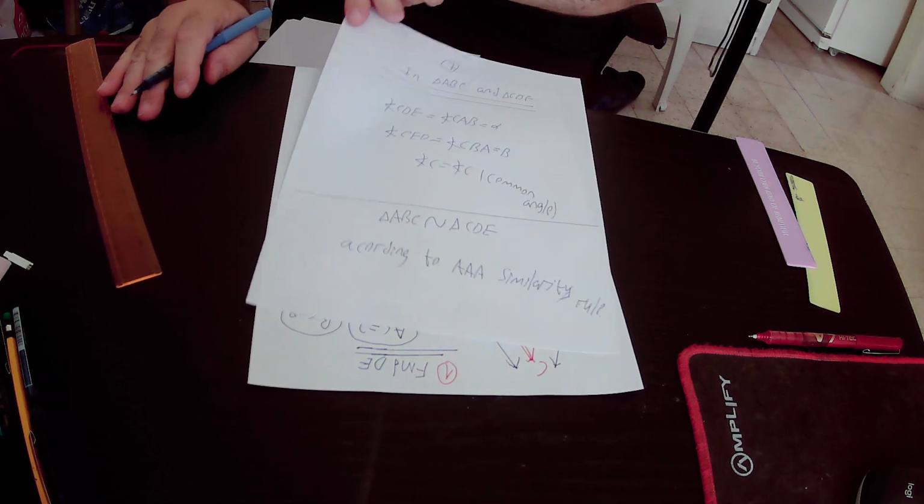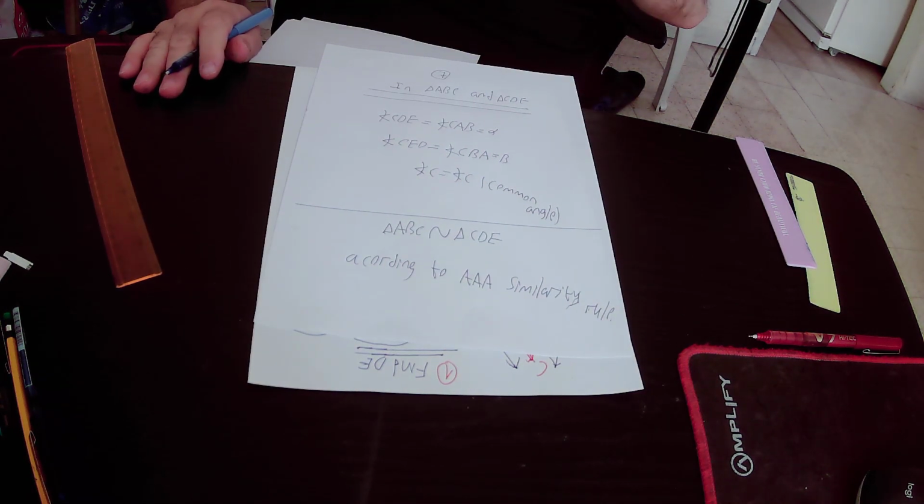Again, triangle ABC is similar to triangle CDE according to angle similarity rule.